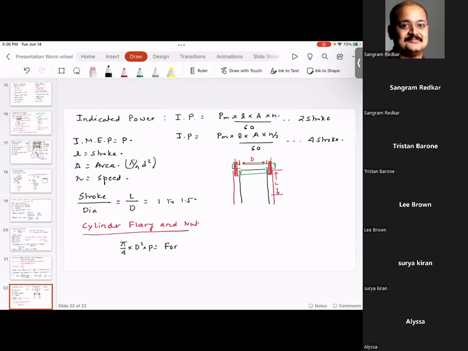Force on the cylinder head is equal to N times pi by 4 times diameter of bolt square multiplied by sigma T, where N is the number of bolts, this is the bolt diameter, and this is the tensile stress.